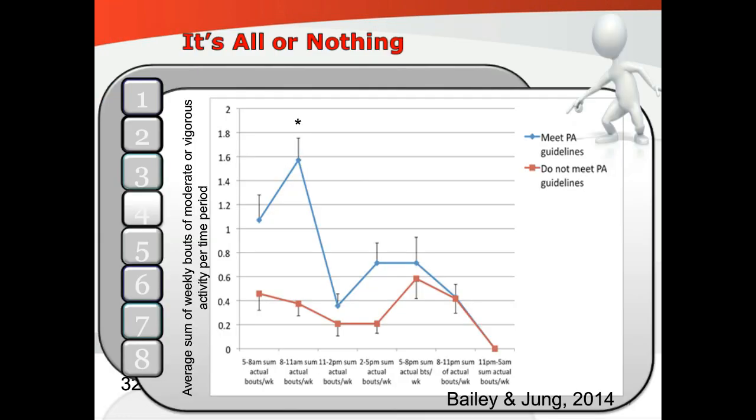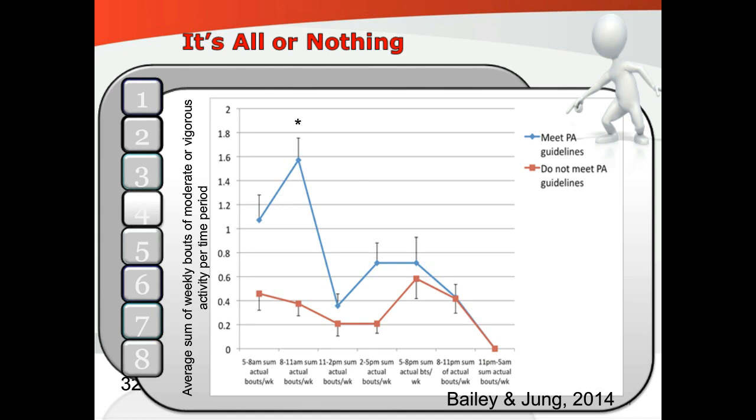And here's an example. Again, it doesn't matter if you can't read all of the details here, but this is a really cool study that was done a few years ago. They looked at people in blue who meet the physical activity guidelines, so they get their 150 minutes a week, and those who don't meet the physical activity guidelines, so those who don't get 150 minutes a week, shown in red.